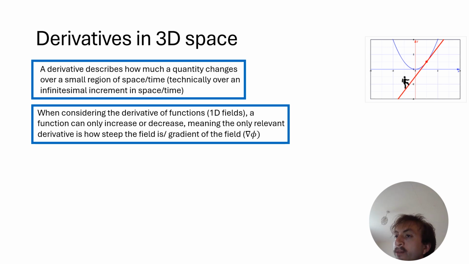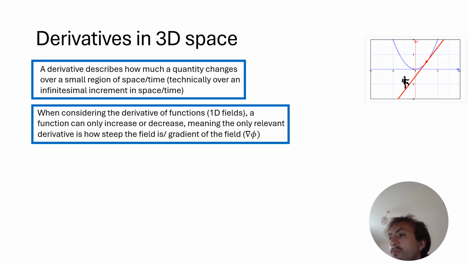We can define more types of derivatives, but the idea of the gradient can also still be perfectly defined. So the gradient is a derivative operation which applies to fields of any dimension, including 1D fields, but also to fields of larger dimensions.